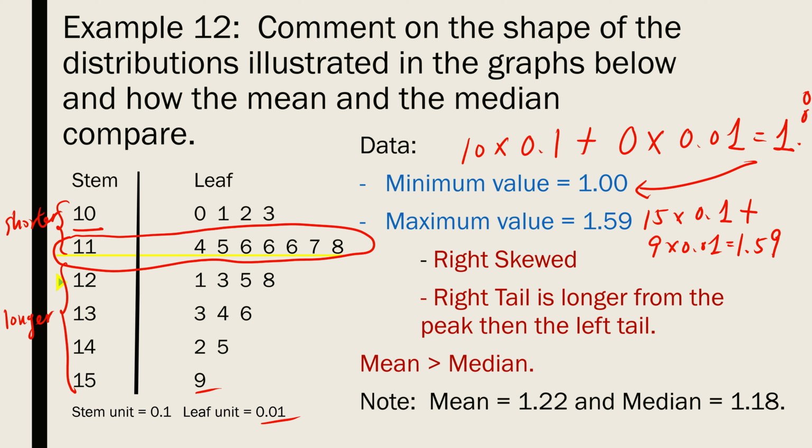And you can verify by yourself. Since we have all the data we need, the mean of this sample is 1.22, and the median is 1.18, and the mean is larger than the median.